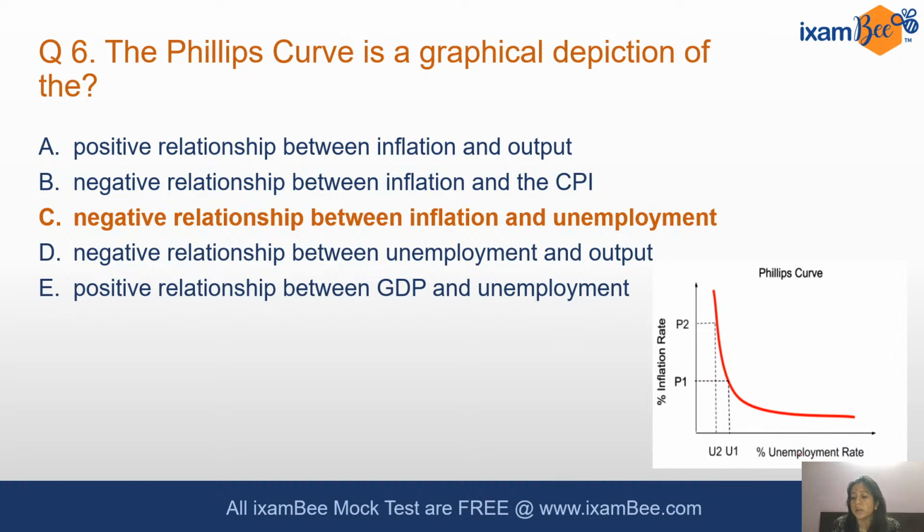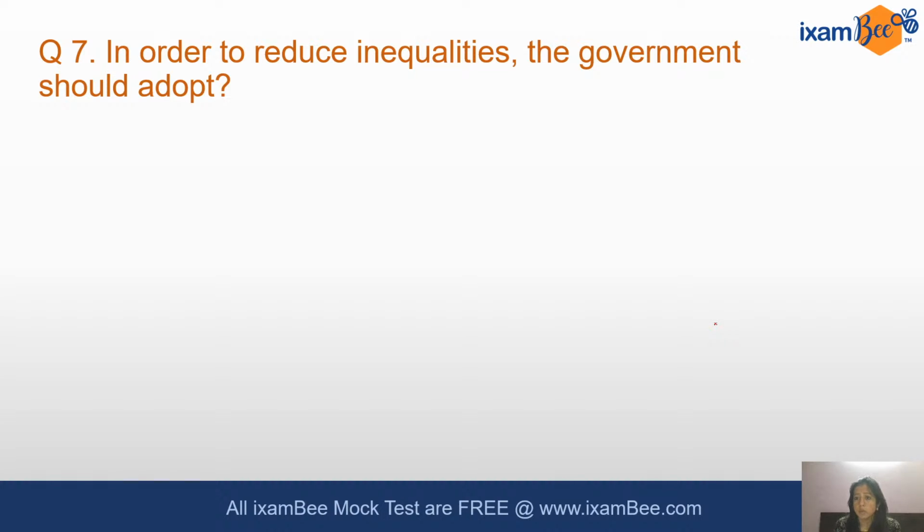Here on the x-axis the percentage of unemployment is there, and on the y-axis the inflation rate. At a higher rate of inflation, you can see there is a smaller amount of unemployment in the economy. So the Phillips curve shows the trade-off between inflation and unemployment. All of you have replied right. So this is an important topic, the Phillips curve.